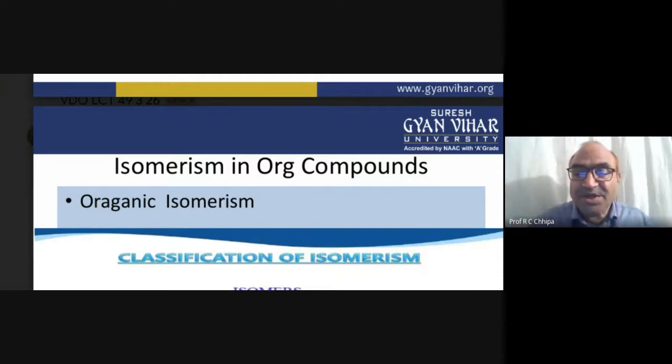So in the case of neopentane, what do we have? Three carbon atoms, and then one CH3 above, so it is a five carbon atom molecule, but the structure is different. So each of them is an isomer of the others.